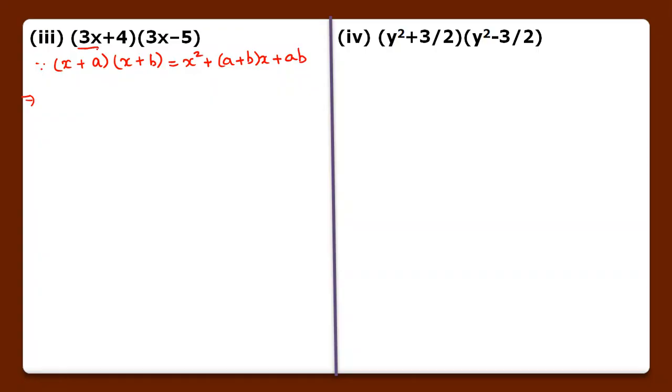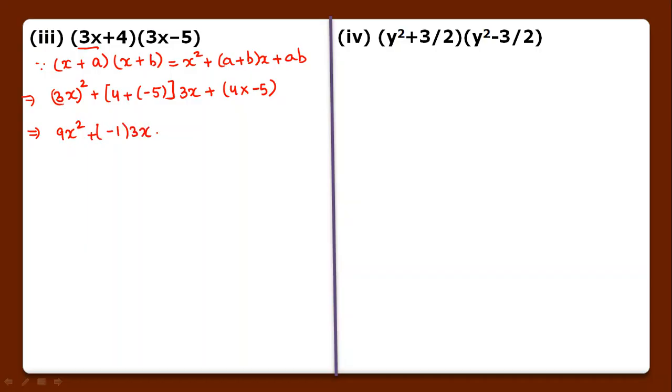X here is 3x, so 3x whole square plus a is 4 plus b is minus 5, into x plus a into b. 3x whole square is 9x square, 4 minus 5 is minus 1, into 3x, plus 4 into minus 5 is minus 20. So 9x square minus 3x minus 20.